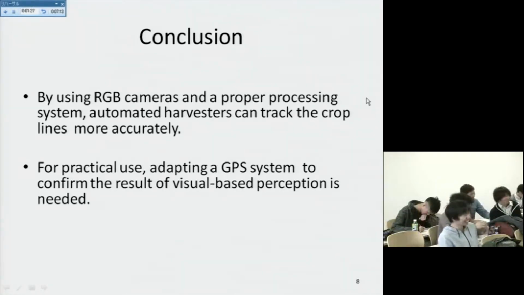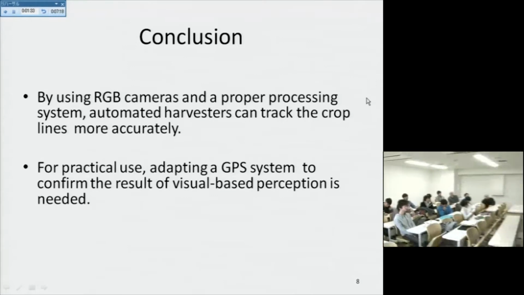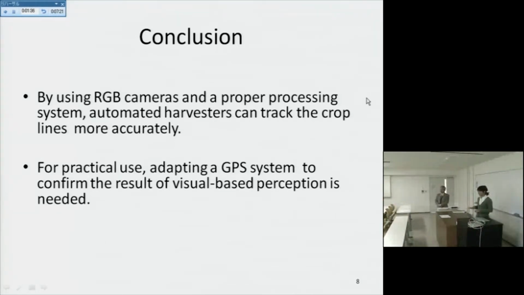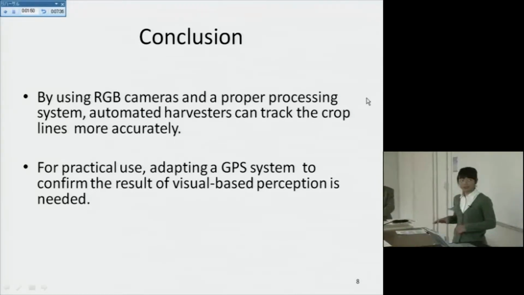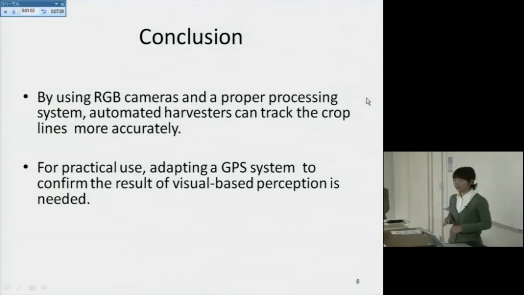Sorry, I'm not sure, but in this case, in the alfalfa fields, the uncut alfalfa crops are green, and cut crops are brown. So I think there is no problem in hay harvesting.